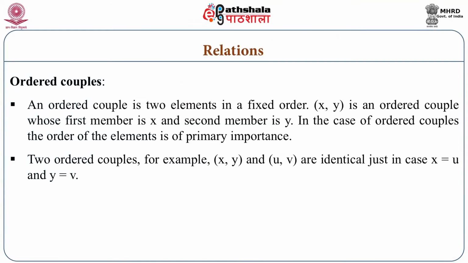But of course, we can define identity or equality of ordered pairs or ordered couples. Two ordered couples, for example (X, Y) and another ordered couple (U, V), are identical only in one circumstance or condition, that is just in case the first elements of the ordered pairs are equal, that is X is equal to U, and also the second elements of both the ordered pairs are equal, Y is equal to V. Now see, X is the first element of the first ordered pair and U is the first element of the second ordered pair.